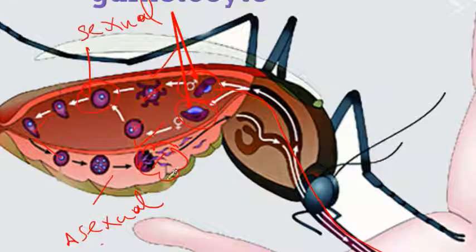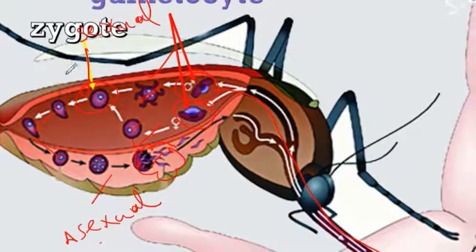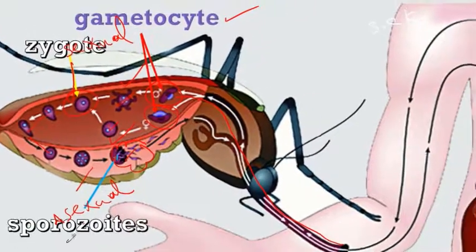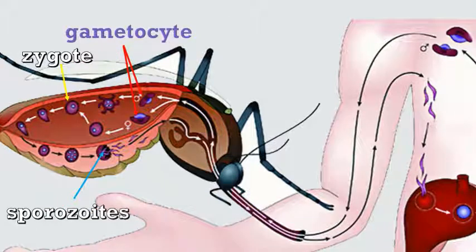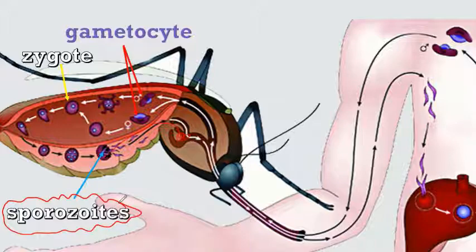This is the zygote and these are sporozoites. The sporozoites are going to travel to the salivary gland of the mosquito. Now when the mosquito bites another person, it is going to give him the what? The sporozoites. These sporozoites will infect the person and make him sick.